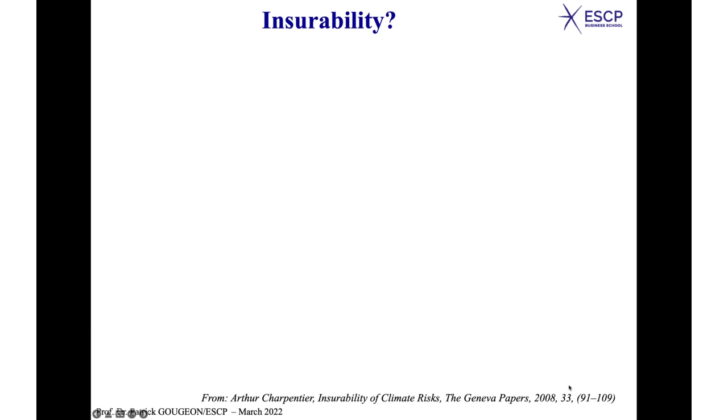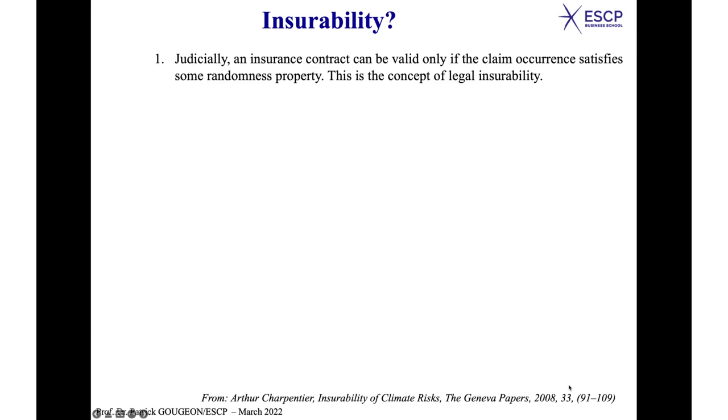So there are some conditions for insurability. First of all, juridically, an insurance contract can be valid only if the claim occurrence satisfies some randomness property. A good example of that, I told you already: if you drive your car and you get a fine, that's a risk for yourself.